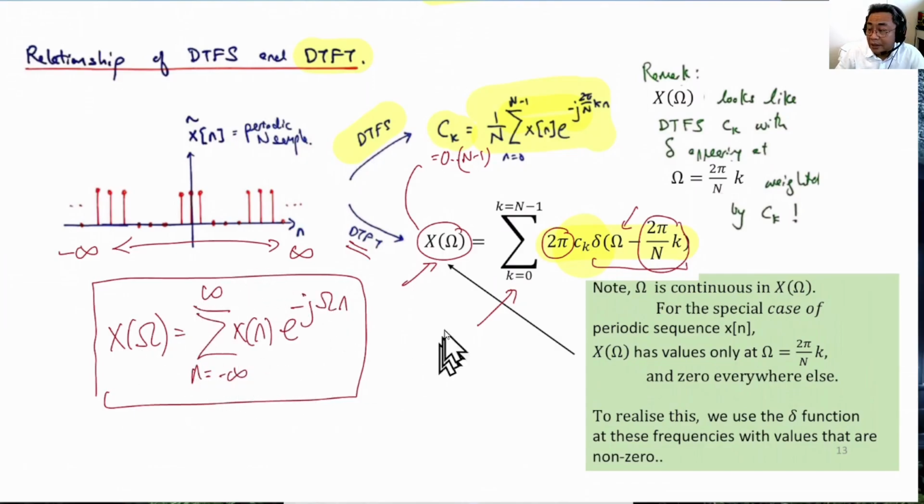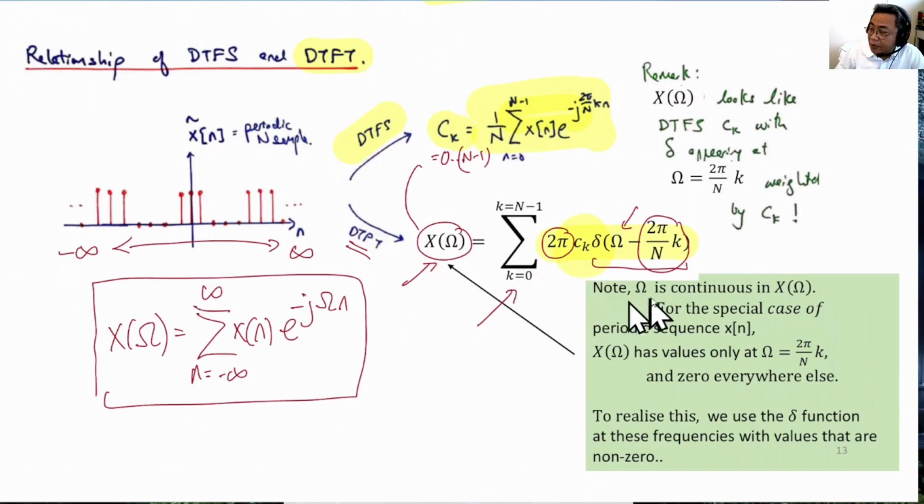So X of omega cannot be simply found this way. Instead, for a periodic signal, this is the only way: we use the DTFS, and then by using delta functions find the expression of X of omega.